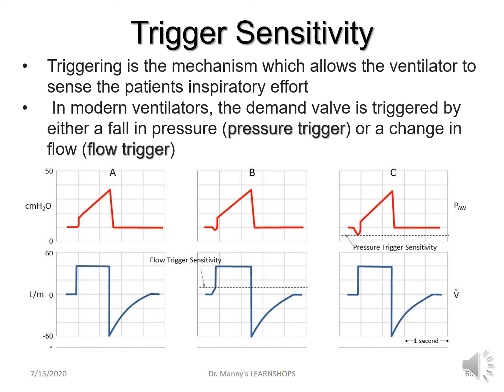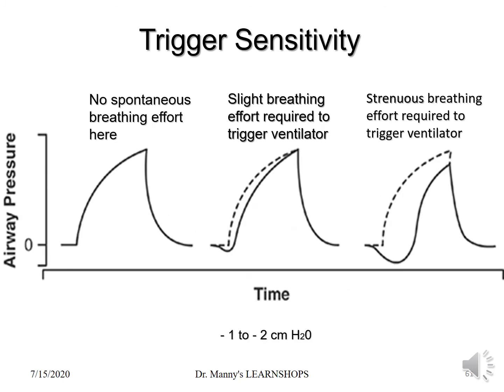So therefore this can be set, and this basically makes the machine aware of the patient's inspiratory efforts within the ventilator circuit. If there's a change in pressure or if there's a change in flow, the machine, if it's sensitive enough, can sense it, and it will allow the machine to give a breath or assist the patient depending on what mode they're in.